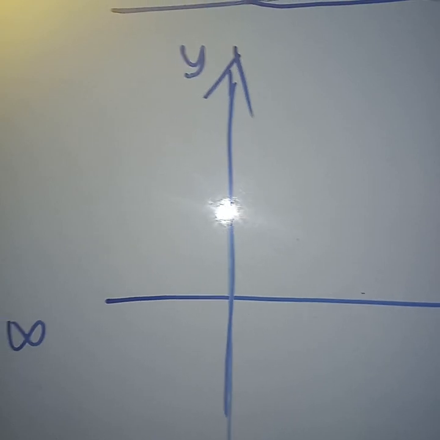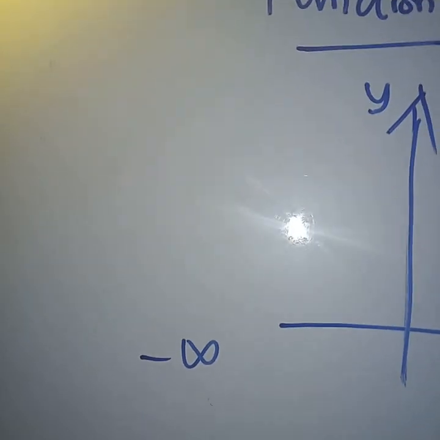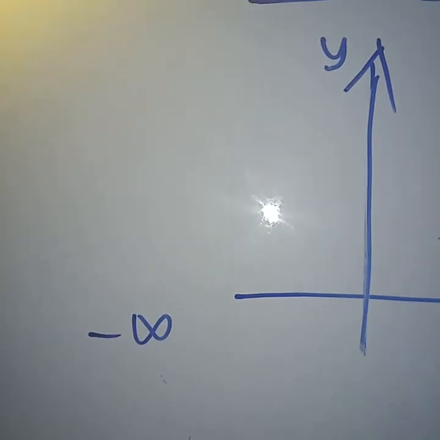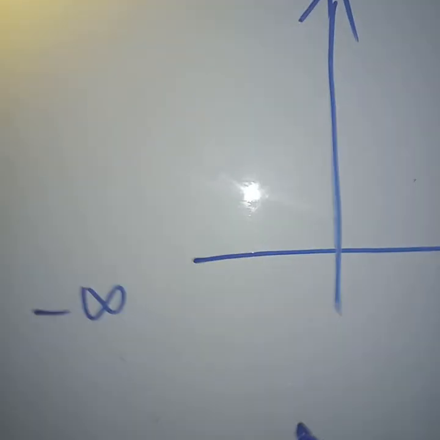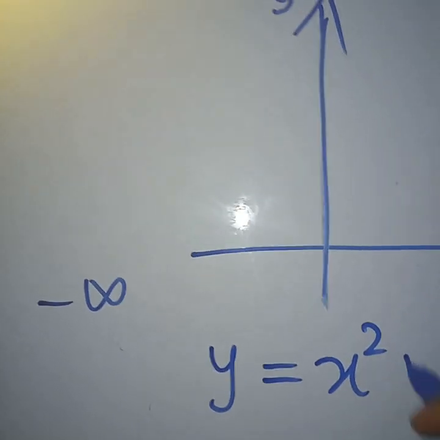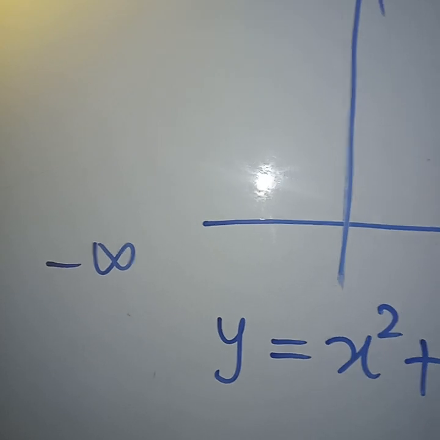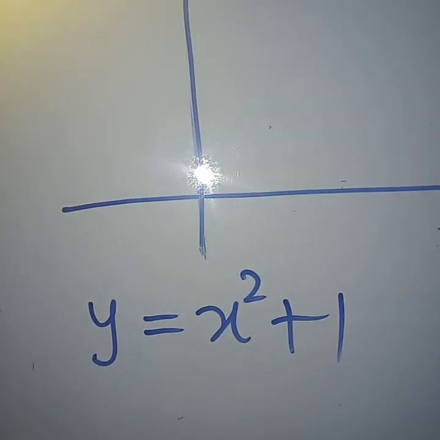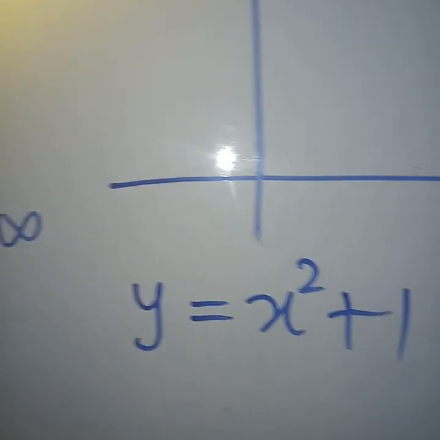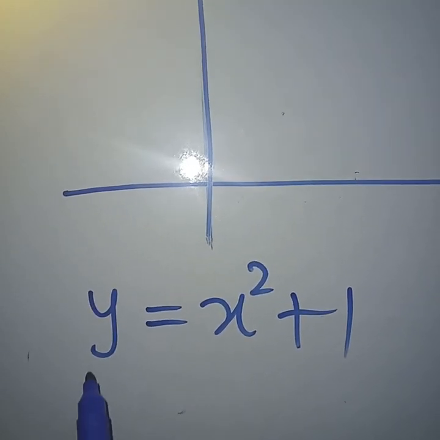An example of such a behavior is the equation y equal to x squared plus 1. To know whether this equation is a function, we need to check for each x what is y.